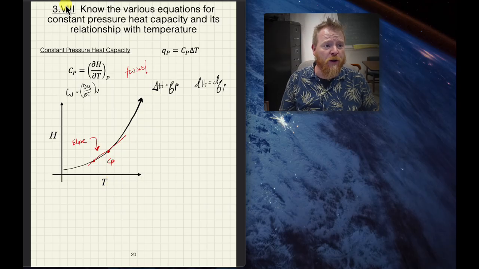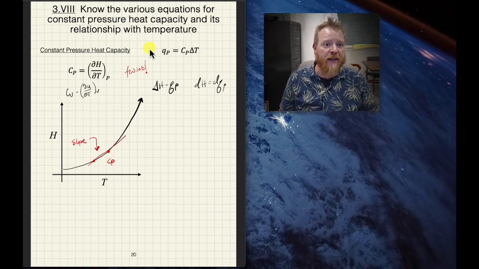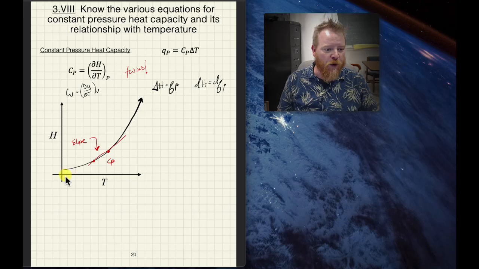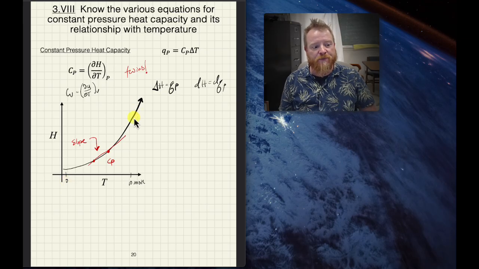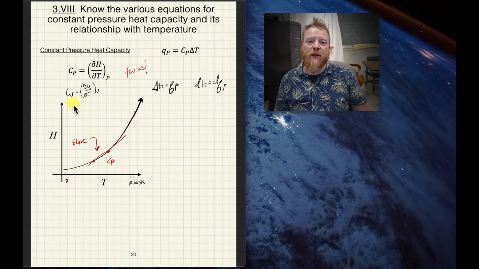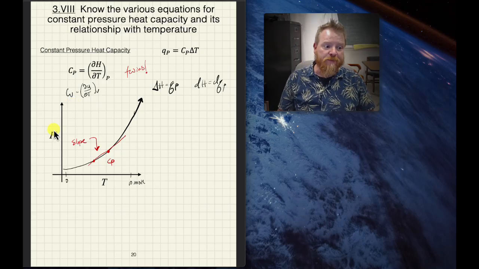But of course, if we look over a very large range here, and just like I indicated before, perhaps this goes from like 0 to maybe 10,000 Kelvin or something ridiculous, right? Some large range. Then CP, we will need an equation to describe it, okay?